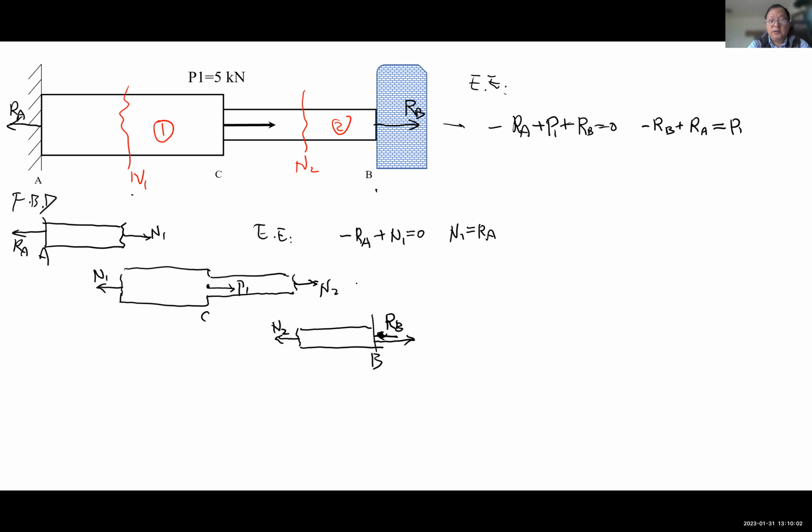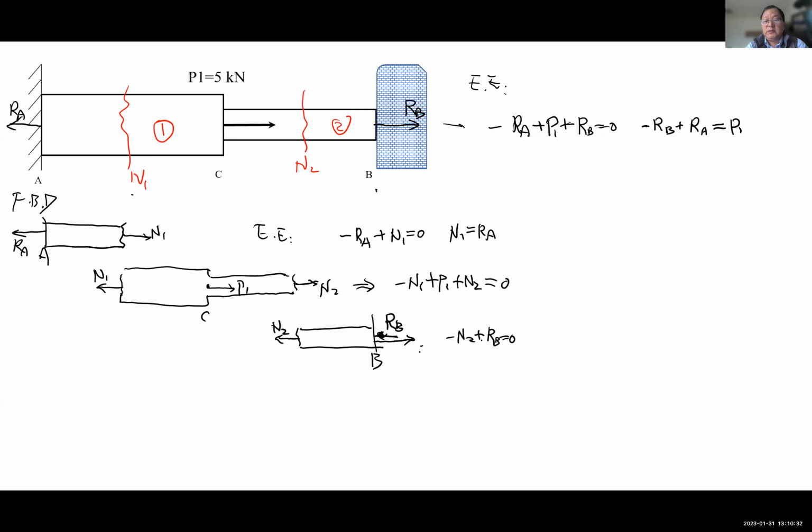Now for this one, I can write the equation of equilibrium. So negative N1 plus P1 and then plus N2 equals 0. For the last free body diagram here, I can write negative N2, then plus RB equals 0.